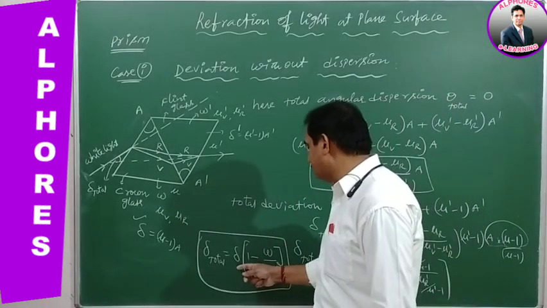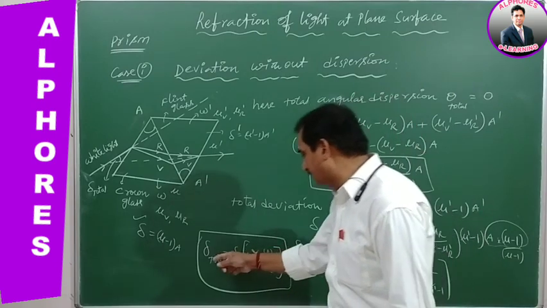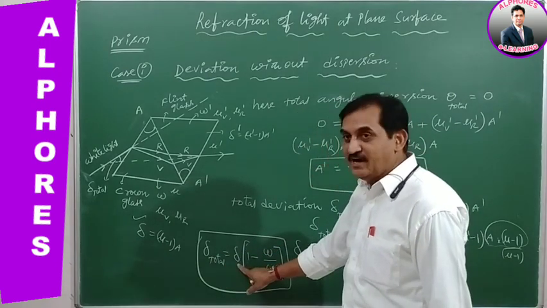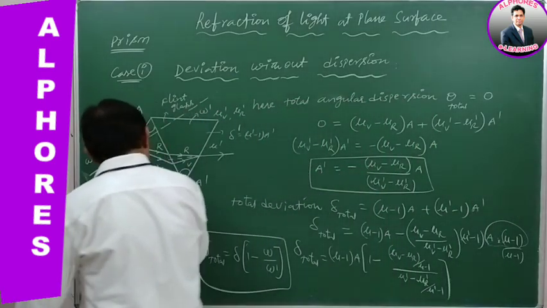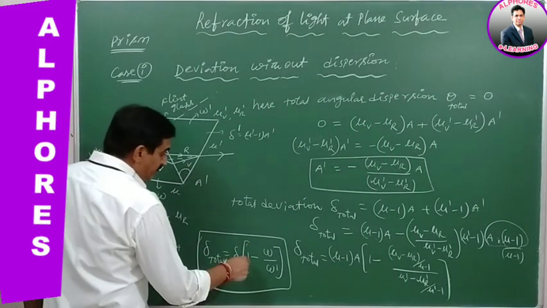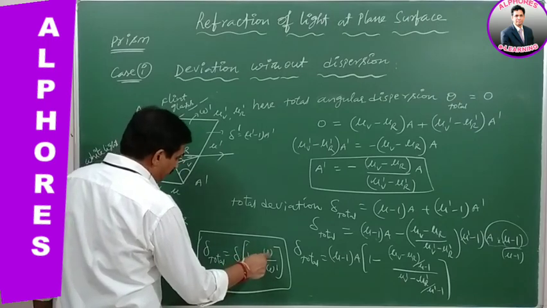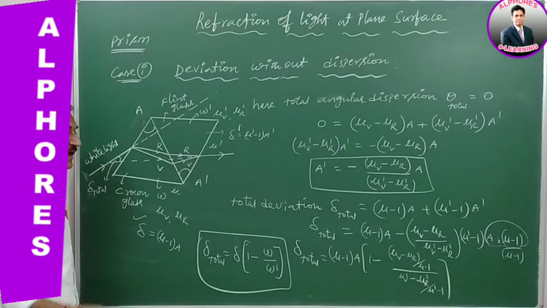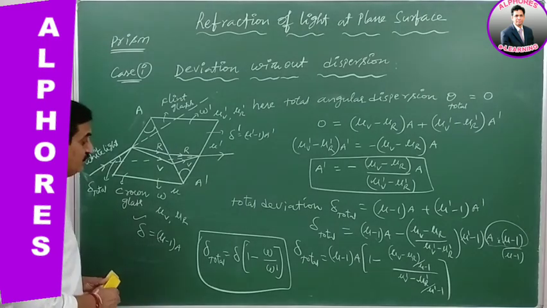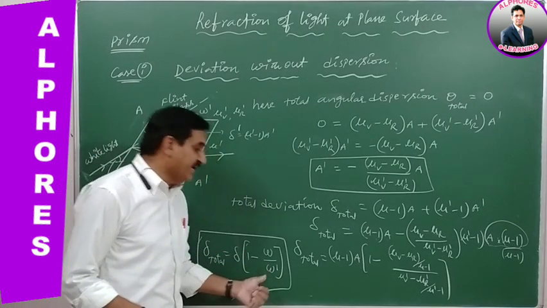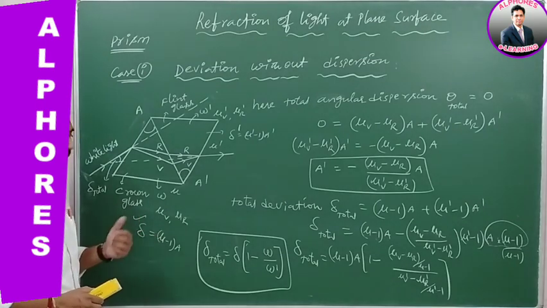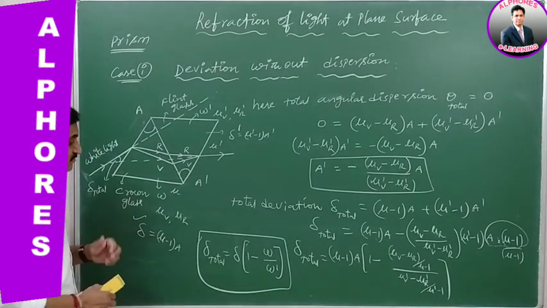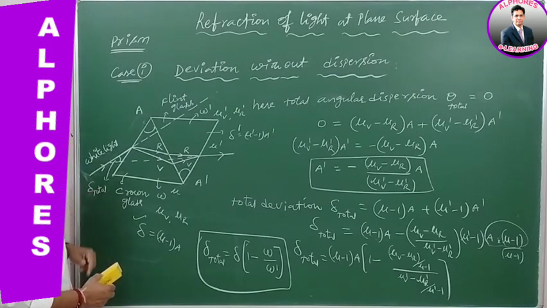The total deviation delta total equals delta. Keep in your mind, this delta is the deviation suffered by the first prism, into delta of 1 minus omega by omega dash. And one more important point regarding this: here omega and omega dash, out of these two, sometimes omega is greater than omega dash, and sometimes omega dash is greater than omega.